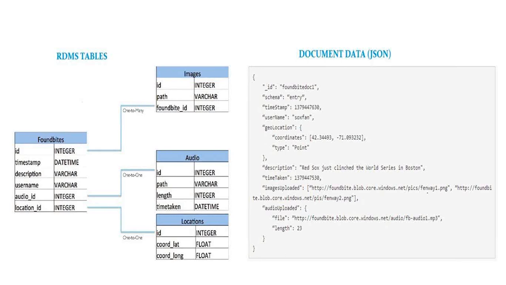Please go ahead. Yeah, will this document data have any kind of schema or DTD attached? For JSON data, they won't attach any schema. Suppose one record has ID, schema, username, geolocation, and the next record doesn't have them; it can contain just the ID, schema, timestamp, and username.